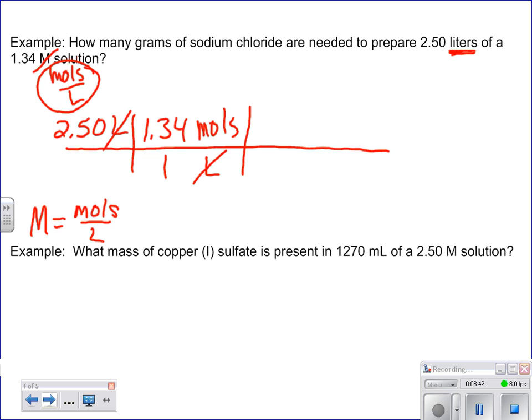So if we were to stop right now, we would have our answer as moles, and we don't want it as moles. We want to get to grams. So 1 mole of any substance is equal to its weight in grams, so that's going to be 58.44 grams for sodium chloride.